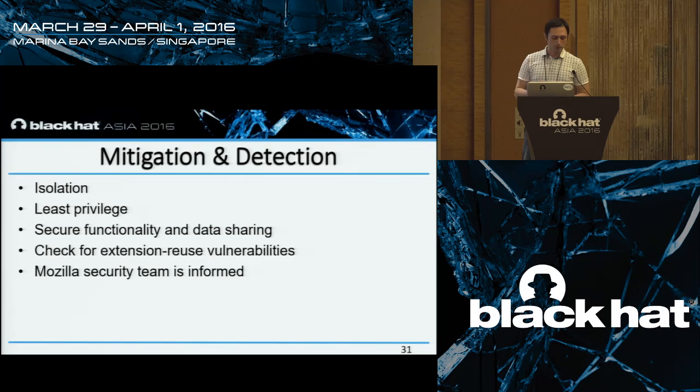In addition, we contacted the Mozilla security team and informed them about these vulnerabilities. So now they have educated their vetters, and we don't expect to see this kind of attack in the wild anymore, but there is always human error in the process.